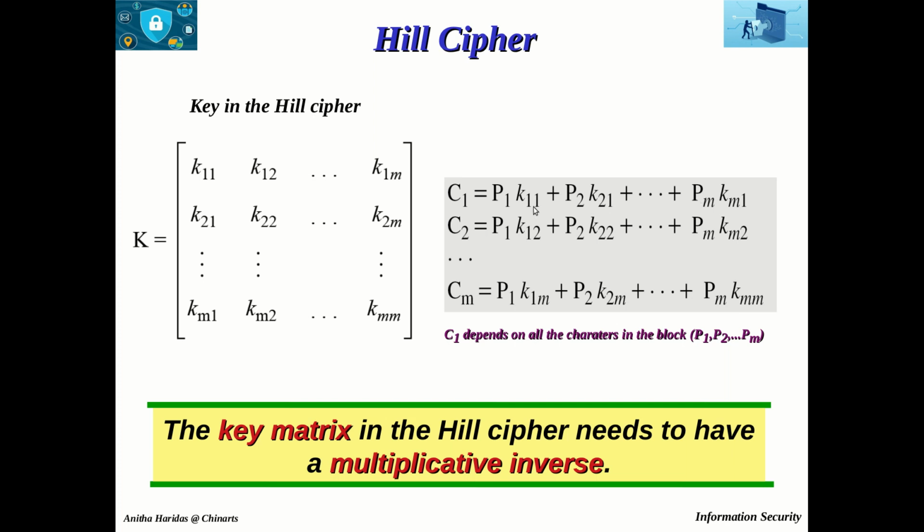So if P1 to PM is one block in the plain text, it will be encrypted to a ciphertext block C1 to CM. I repeat, if P1 to PM is one block in the plain text, then the block will be encrypted to a ciphertext block from C1 to CM.